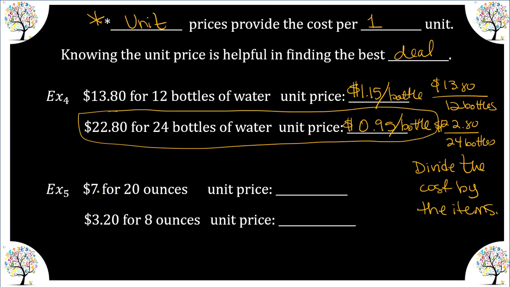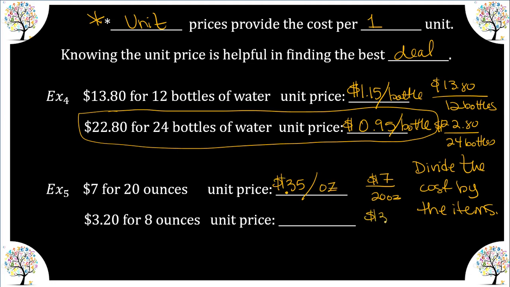Example number 5, we have $7 for 20 ounces. This is going to give us 35 cents per 1 ounce.